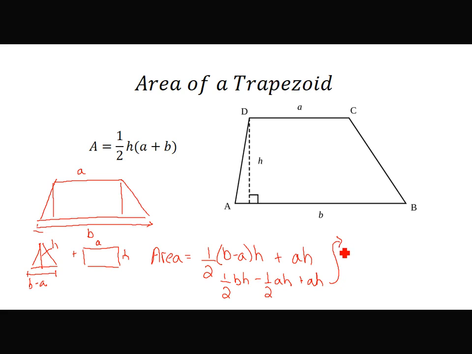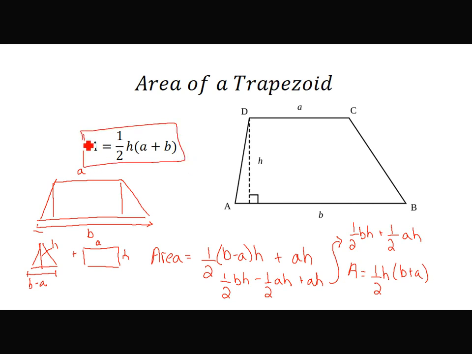I collect like terms: I have 1/2 bh plus 1/2 ah, which works out to be 1/2 h times (b plus a), which is the equation that we have here. Okay, so that's the proof of the trapezoid, just in case that's new for some of you.